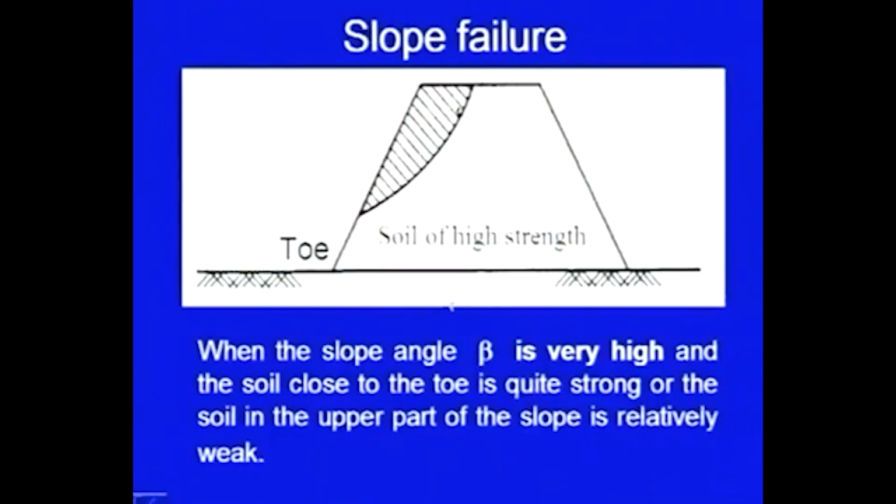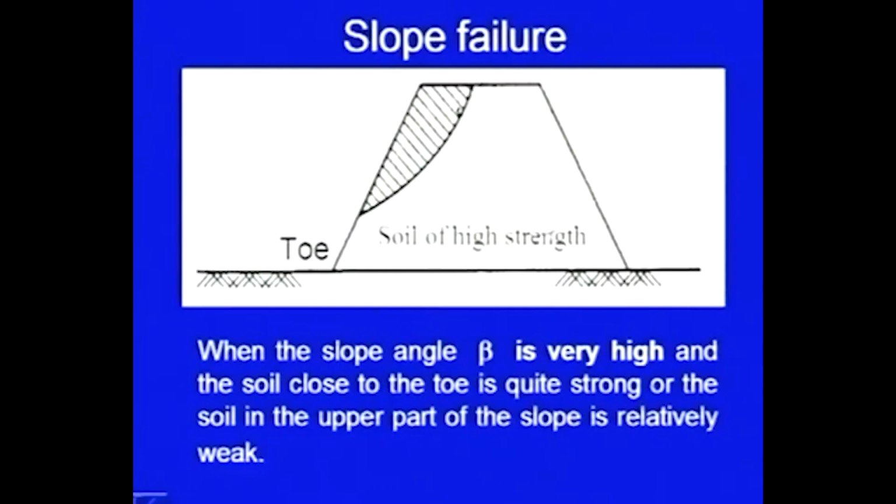When we say slope failure, it means the failure has taken place in the slope itself, somewhere in the height, at this height itself, and it happens when the slope angle beta is high. Generally this is the angle beta, slope angle. This will happen when the beta angle is high and soil close to the toe is quite strong, or soil in the upper part of the slope is relatively weak.